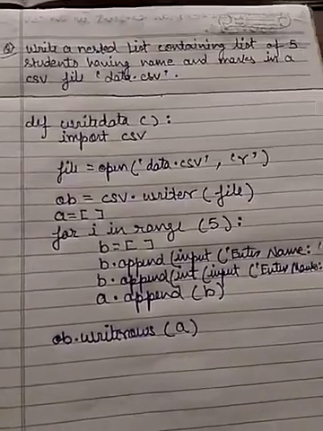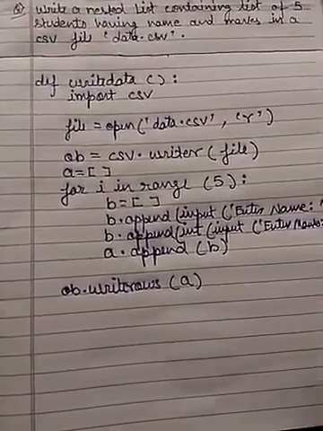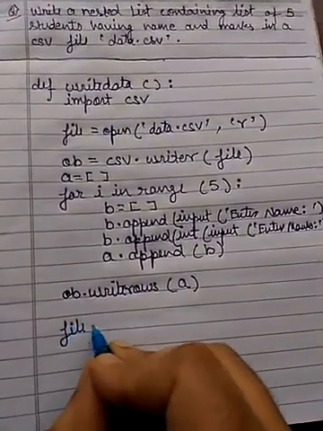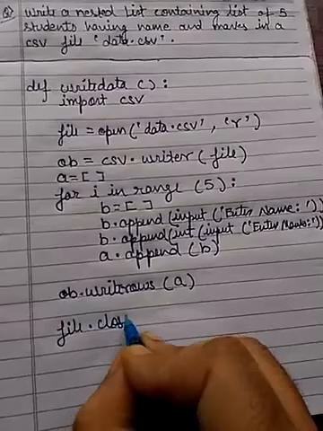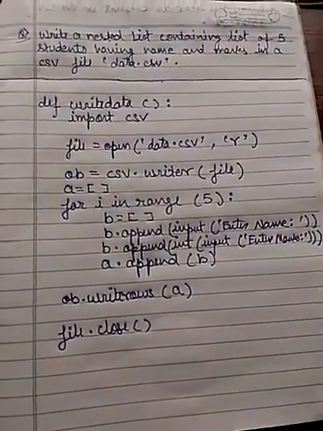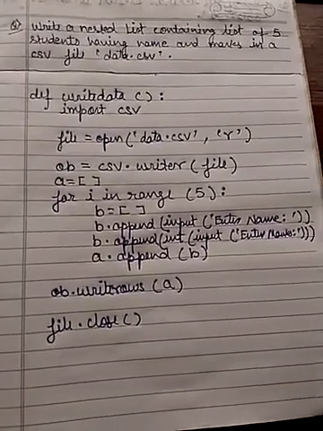In this way we have written the nested list in the CSV file. Now we need to close the file, file.close. So in this way you can write a nested list in the CSV file.